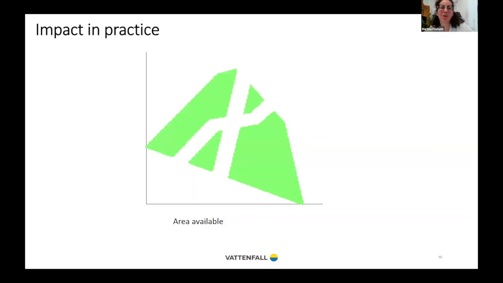So now we went back to the company and said, okay, now we think we are ready for testing this in practice. And in the company, indeed, we did the full validation of this software. Here I show you a real-world case on which we did one of the different tests of the validation. You see the available area is represented in green.